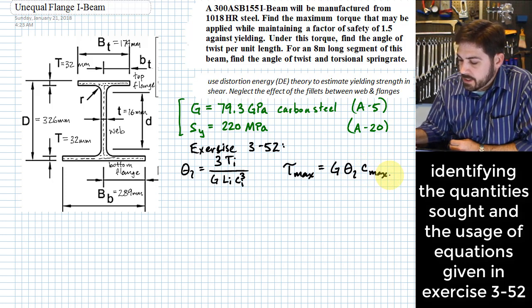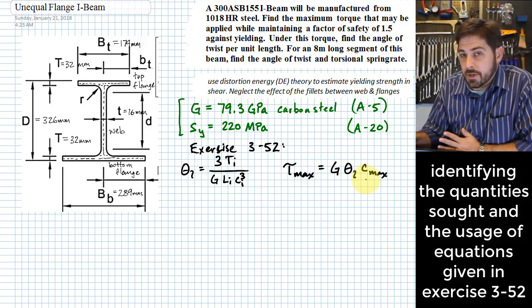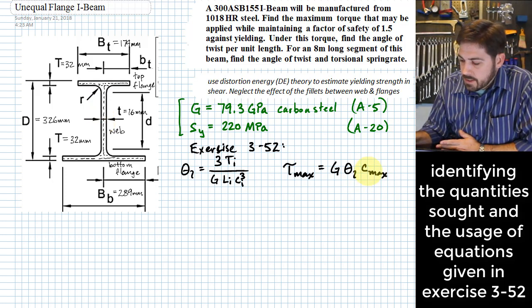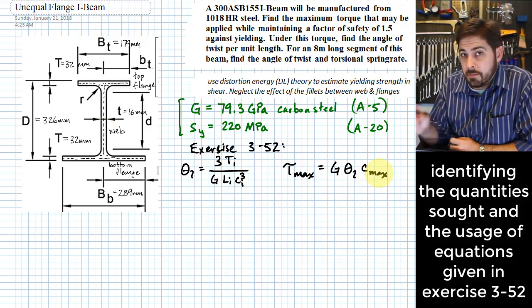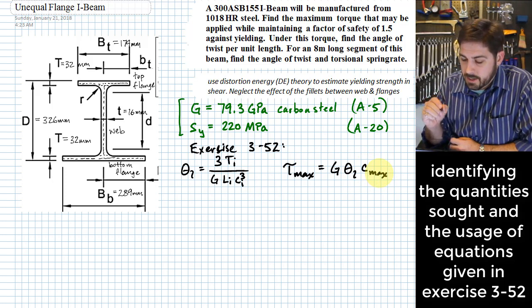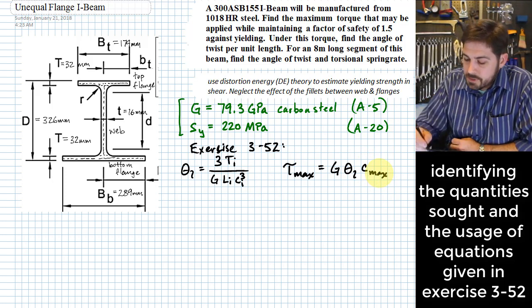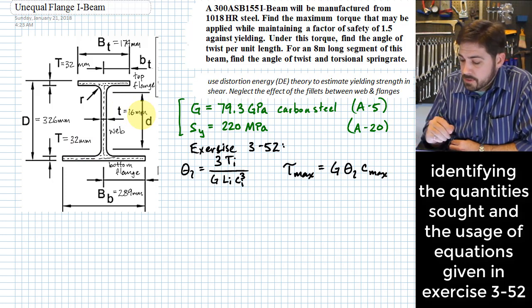C max refers to a cross-section that has multiple segments, and it is the maximum thickness in that cross-section. For this one, we have capital T being one thickness, 32 millimeters, and lowercase t another thickness, 16 millimeters. Between those two, the 32 millimeters is larger, so we would use that in this equation to figure out our maximum shearing stress.